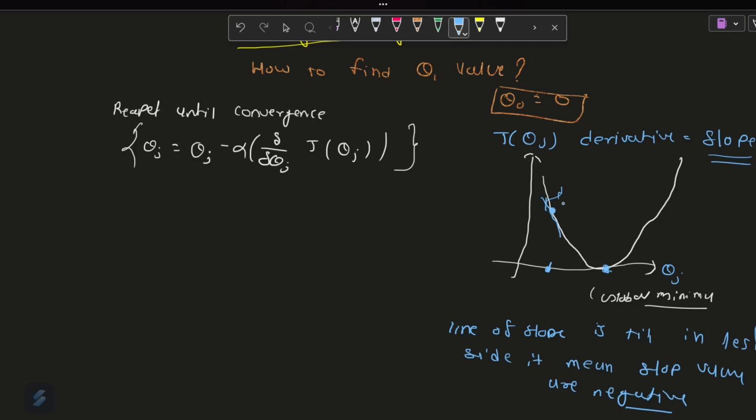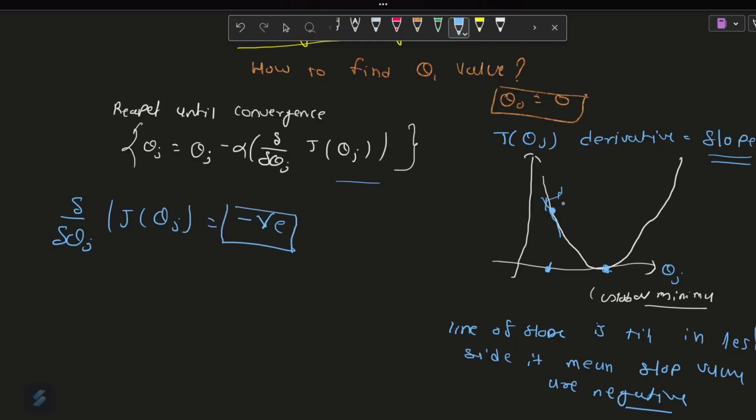So the derivative of J of theta j with respect to theta j is a negative value.